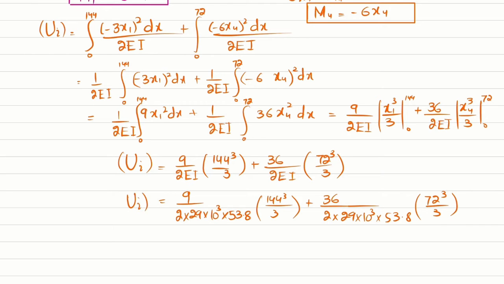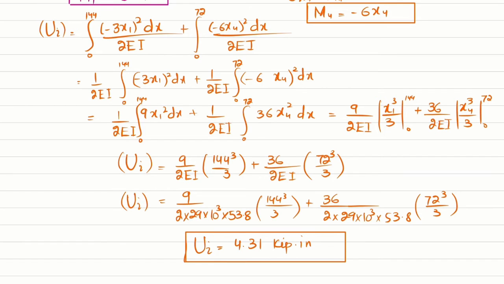That will give you the strain energy due to bending for coordinates x1 and x4. So when you solve this, Ui, the strain energy due to bending moment, comes out to be 4.31 kip-inch, which is the answer of our first part.